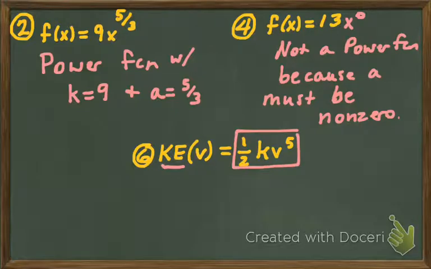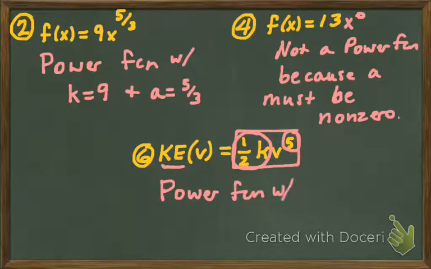So here we have 1/2 kv to the 5th power, and this would not be a power function except for the fact that in the directions we were told that k is a constant, so that just makes the 1/2 k our constant of variation, and we do have a non-zero constant of variation and a non-zero power, so this example is a power function with constant of variation, and I'm writing it out because it's just weird to say k is 1/2 k.